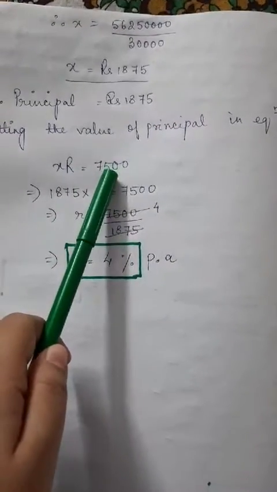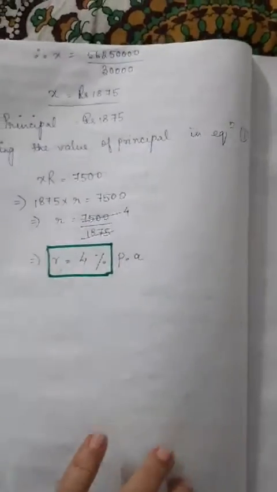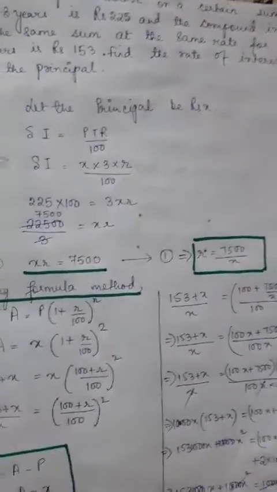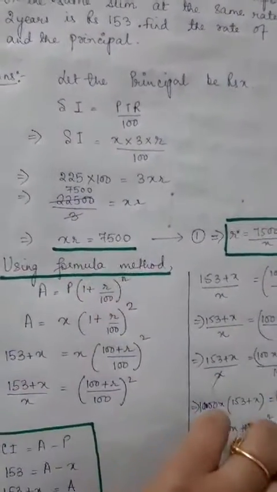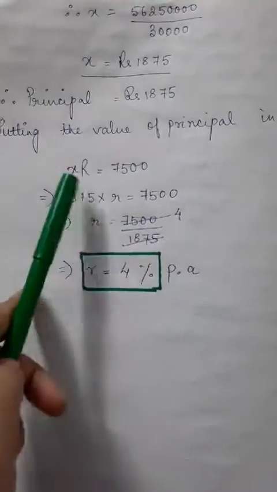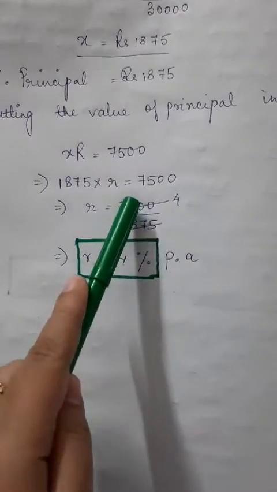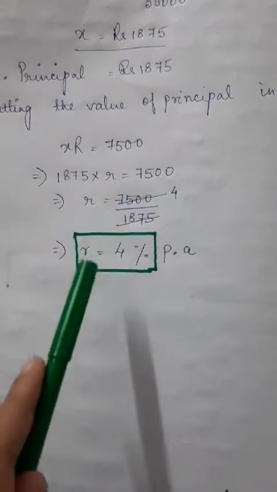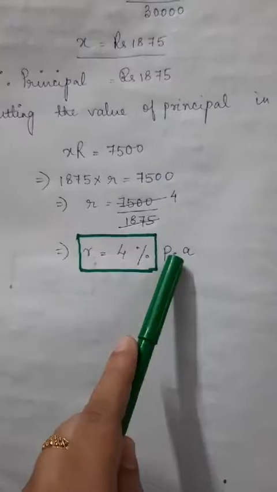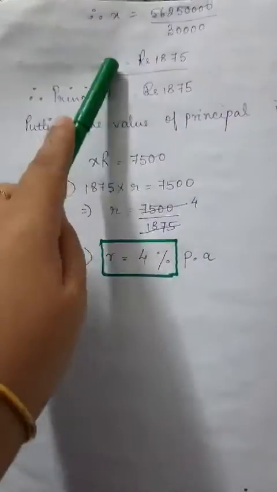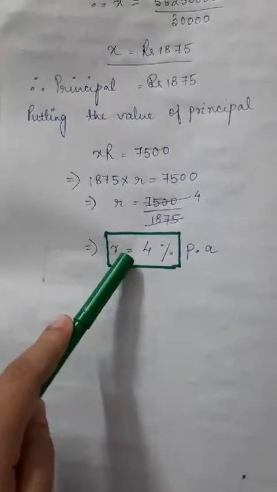XR is 7500 from the first equation. See, from the first equation, XR is 7500. So putting the value of X here, R into 1875 is 7500, R is 7500 by 1875, when you cancel it, I get R as 4% per annum. So I get the value of principal as this, the value of rate as this.